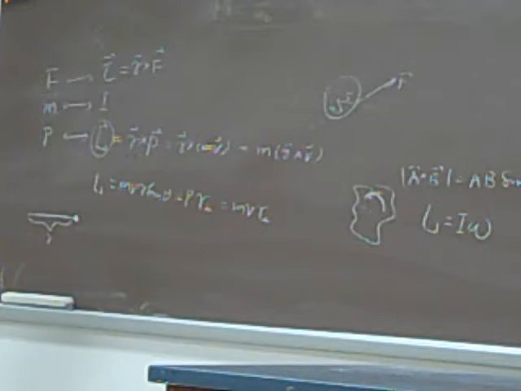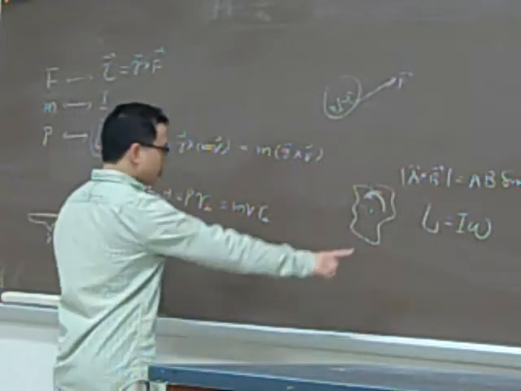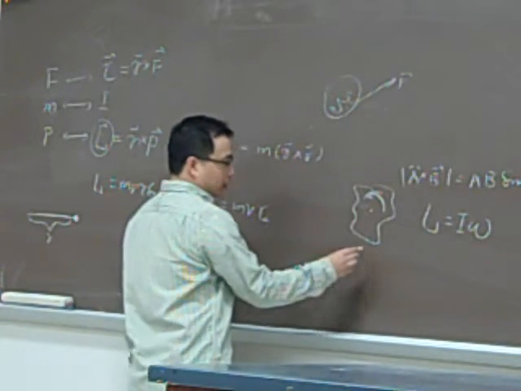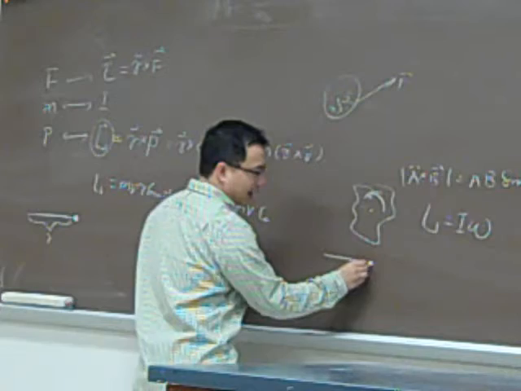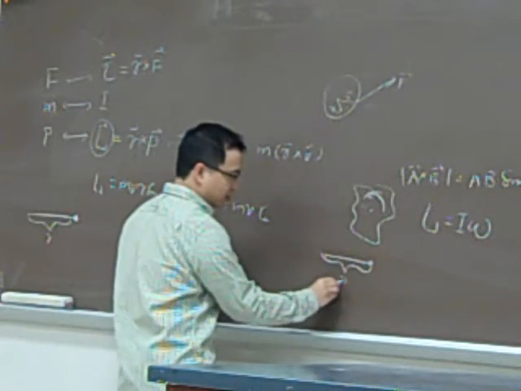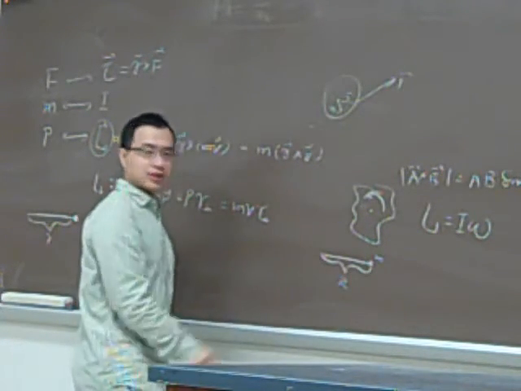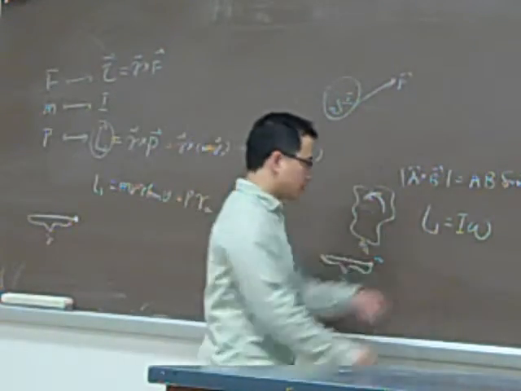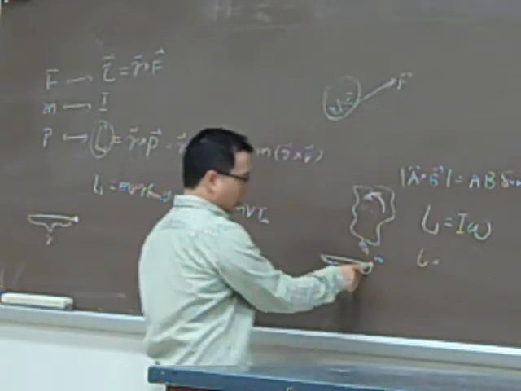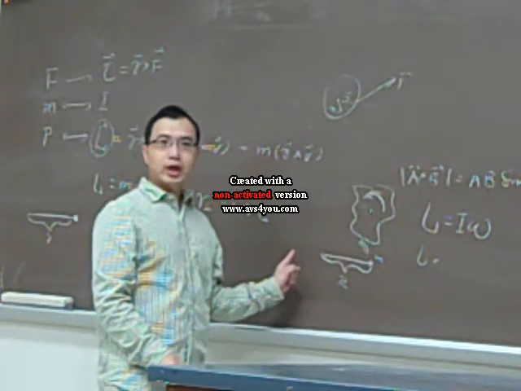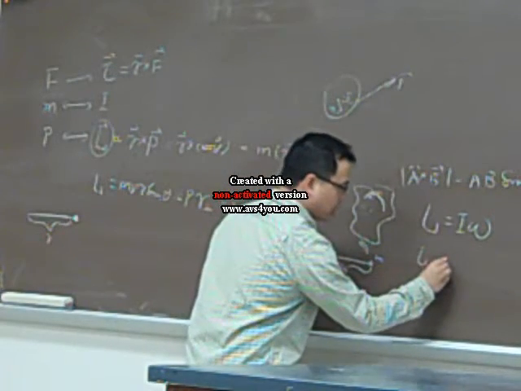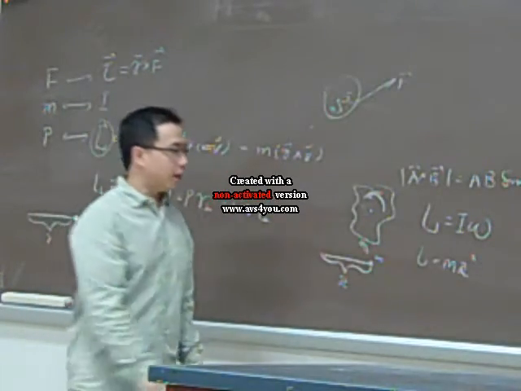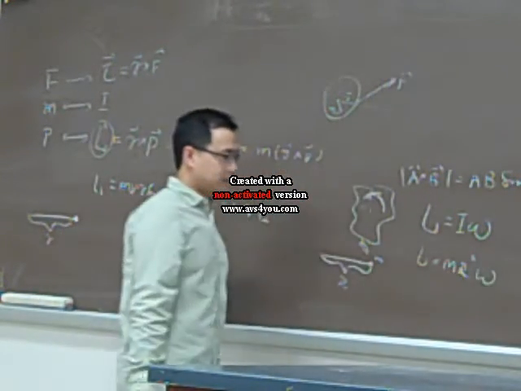And we can check that these two kinds of expressions are actually the same. For example, if there is a mass particle with mass m and radius r in rotation, let's calculate the angular momentum. L equals, for one mass particle, the rotational inertia, which is simply m r squared, multiplied by omega.